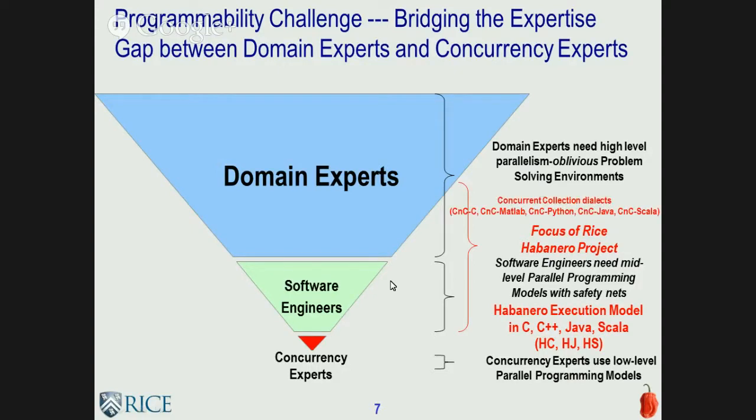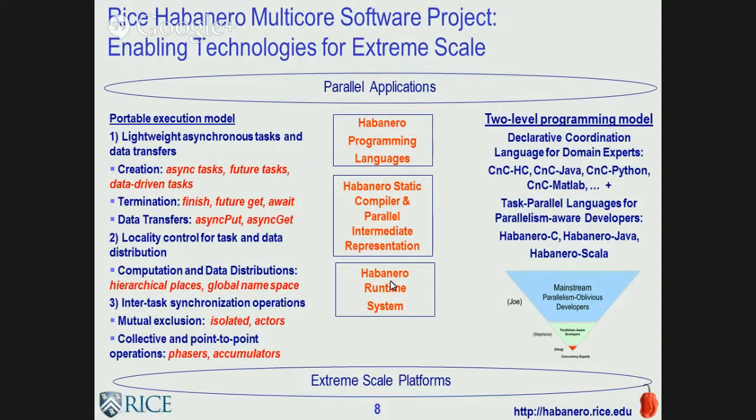But an area that we really want to explore more is higher-level frameworks on top of these primitives. And so far, our experience has been in our collaboration with Kathleen Knobe and others at Intel on the CnC project, where we've created environments for domain experts where they could write steps in MATLAB or Python and so on.